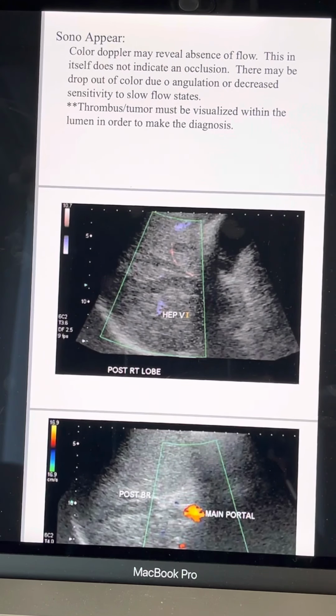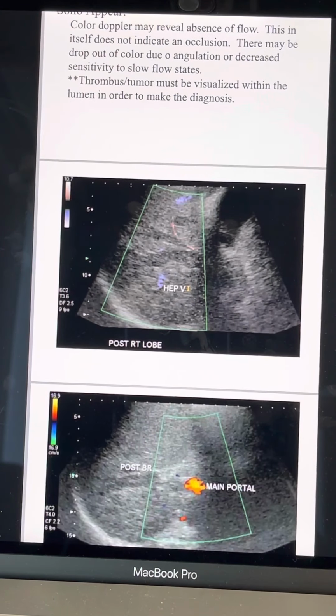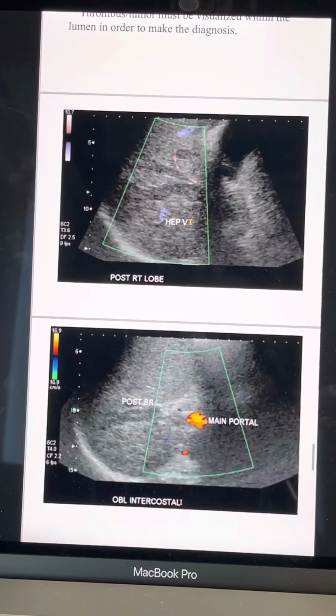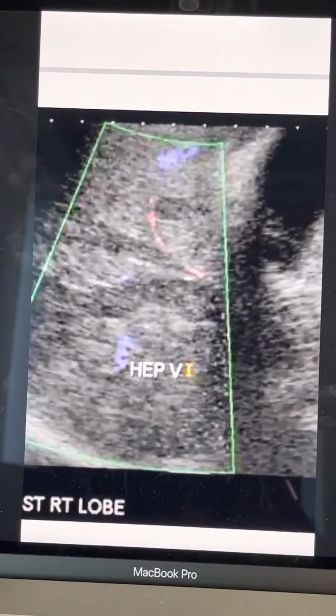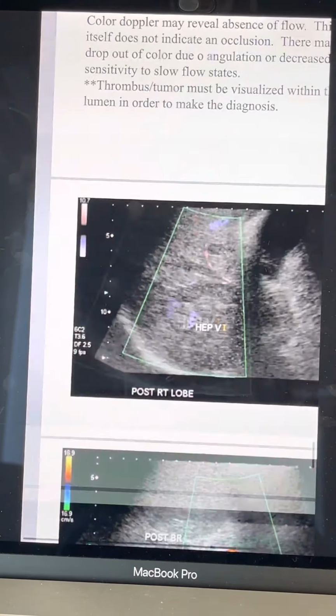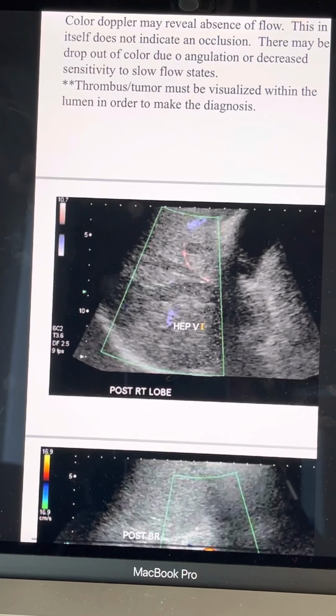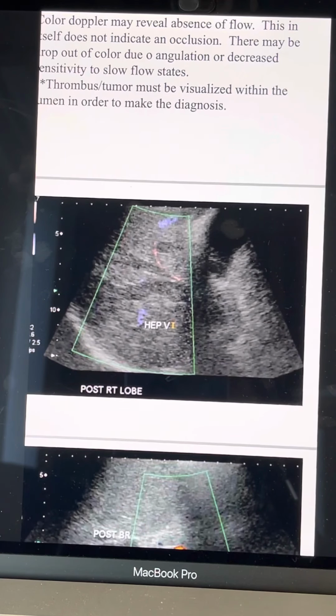So when you look at this image over here, you are not seeing any blood in any of the major vessels. Oh, okay, it is not about the hepatic veins.